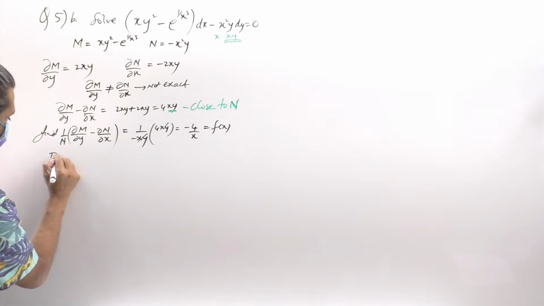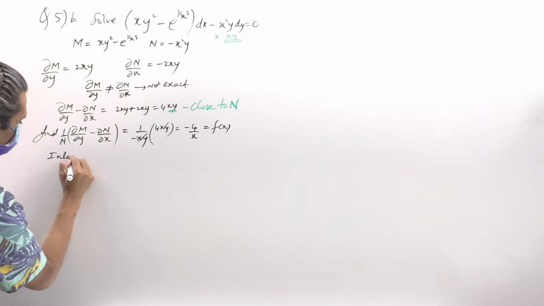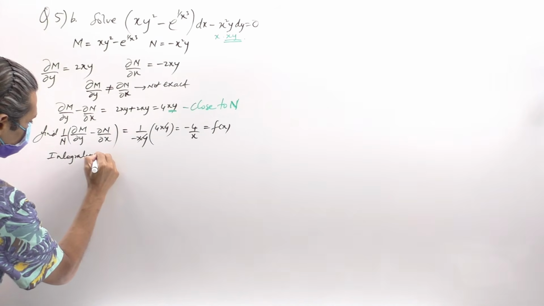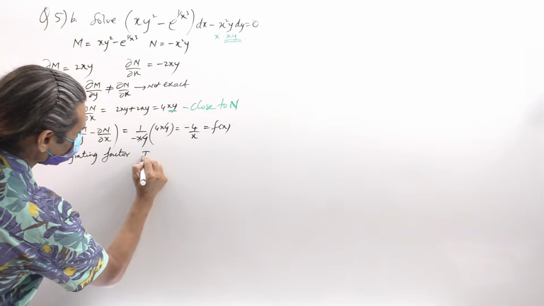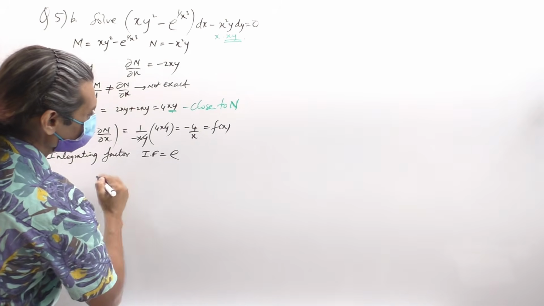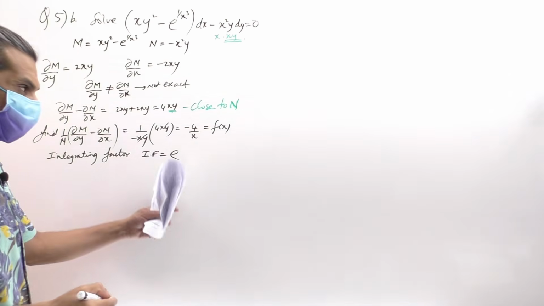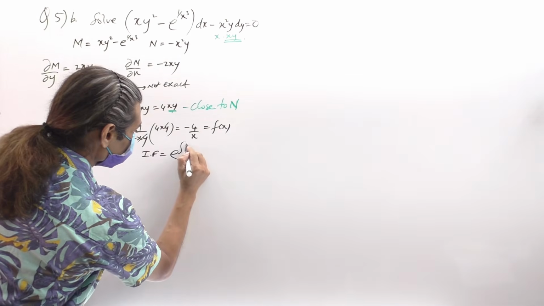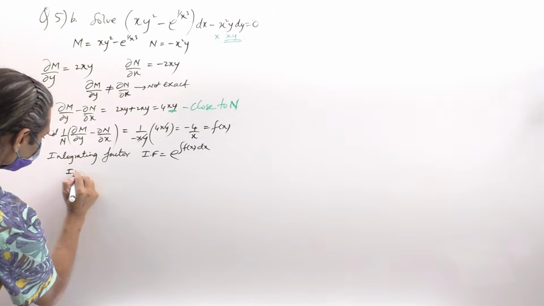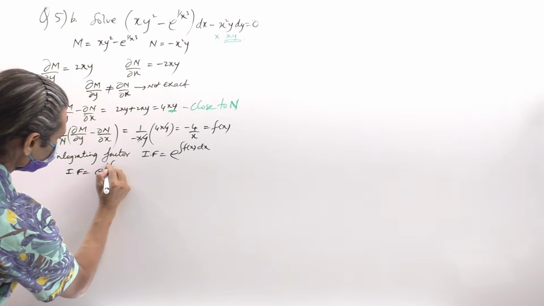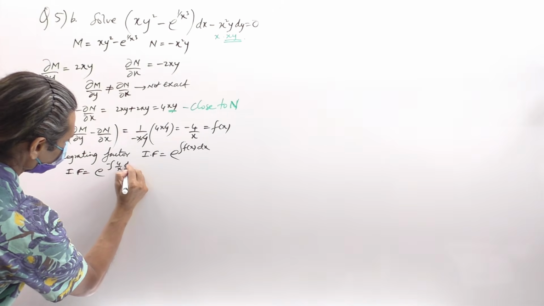From this we find the integrating factor. What's the integrating factor for this? It is e raised to the integration of f of x dx. That is, integrating factor will be equal to e raised to the integration of minus 4 by x dx.